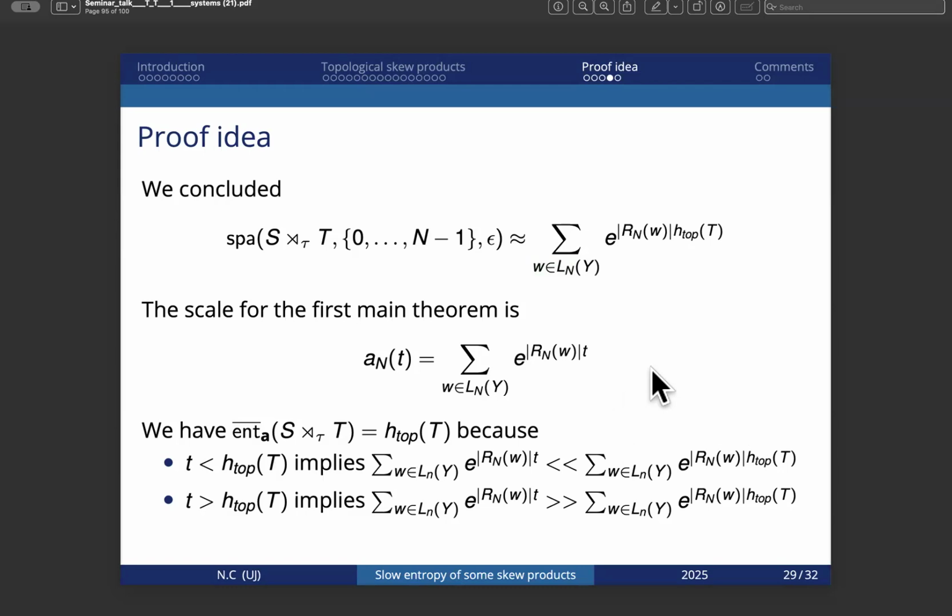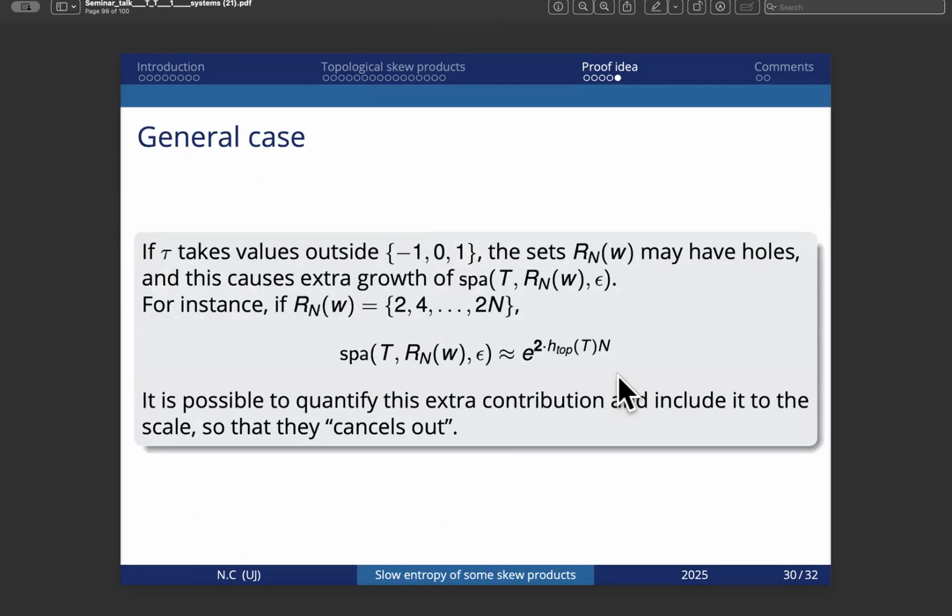So this proves that this scale has the property that the slow entropy is the entropy of T. And a last comment, which I think may be very related to your last question. If tau takes values outside -1, 0, and 1, then this set's range can have holes, can be sparse. I think it's good to think about sparseness as the opposite of invariance, in the sense of the definition of a Følner sequence.